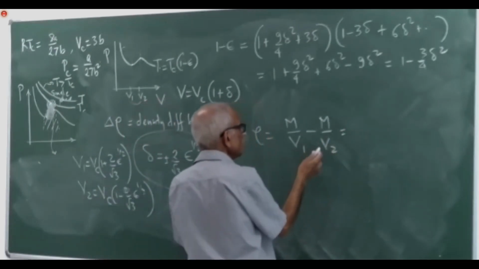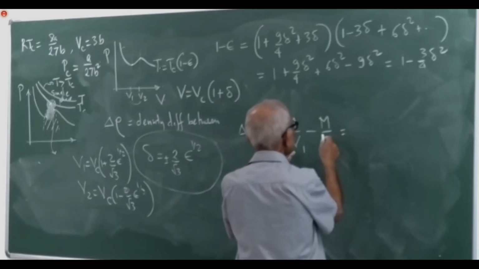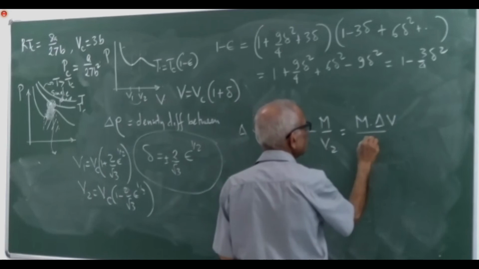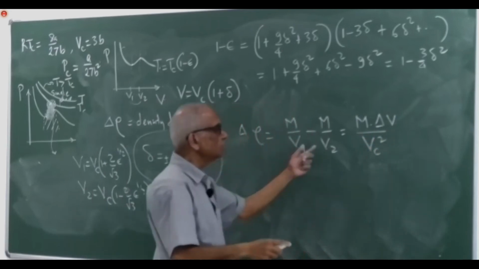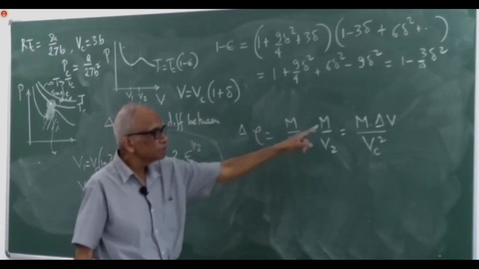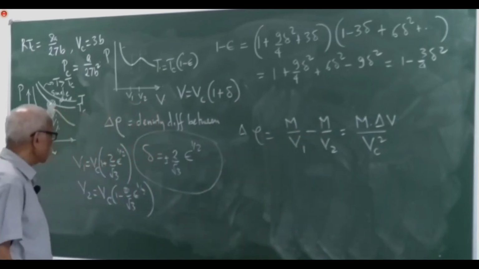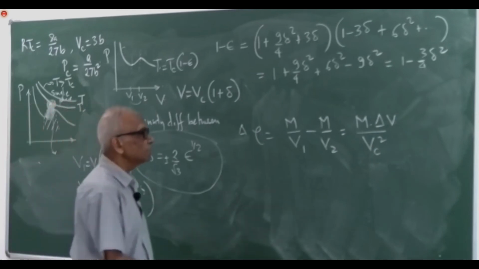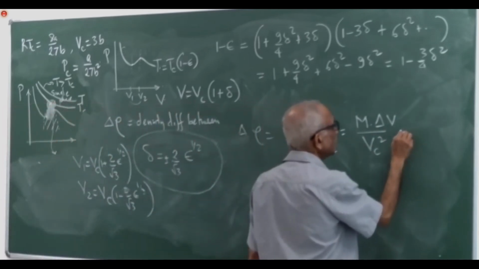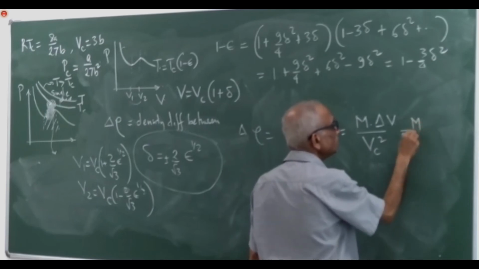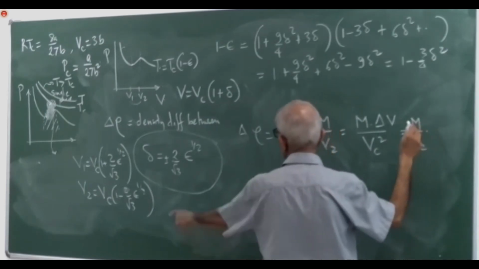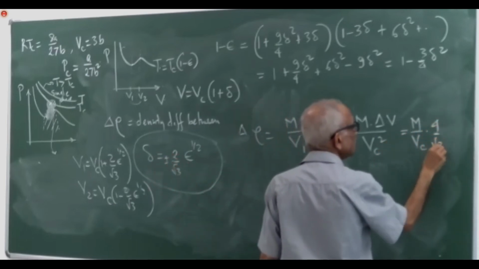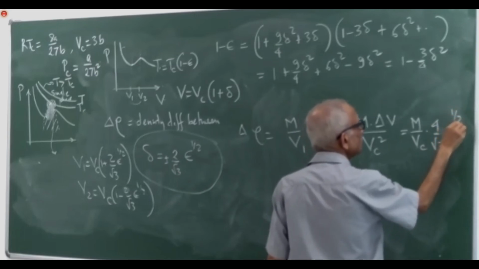The two V's are nearly equal, so this is roughly m times delta V divided by, all this is near V critical. So it is this delta V over Vc. So this delta rho is equal to m divided by Vc times 4 by root 3 epsilon to the power half.